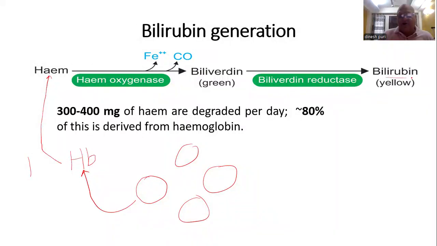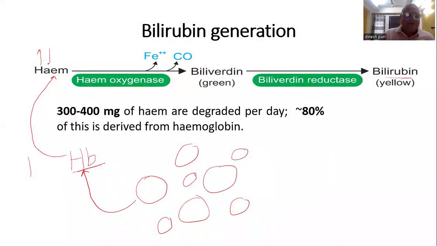Now, will jaundice occur if there is excessive hemolysis? Yes, because hemolysis होगा, hemoglobin release होगा circulation में, hemoglobin से excess of heme will be there, and then by the reaction sequence will be pushed towards the right and bilirubin will be released.